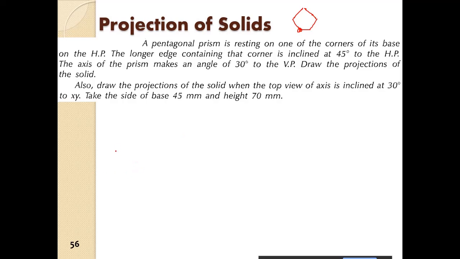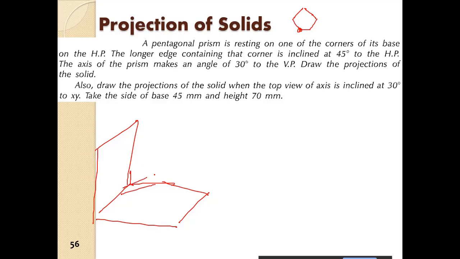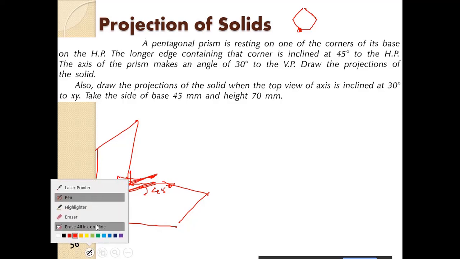So if we see this, first of all the prism itself is making an angle of 45 degree to the HP, alright, and then the axis itself is making 30 degree to the VP.